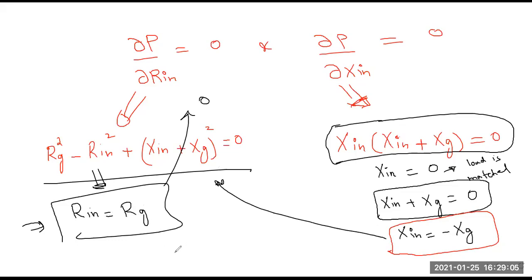So now you have a key condition, and that is telling you that if Rn is equal to Rg and Xn is equal to minus Xg, what can you say about the relationship between Zn and Zg?